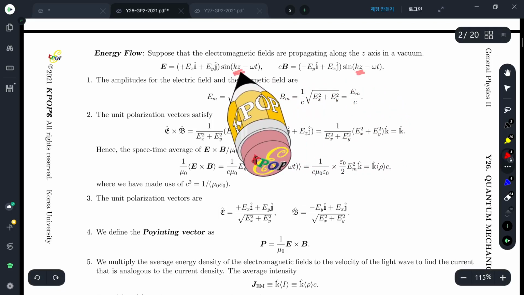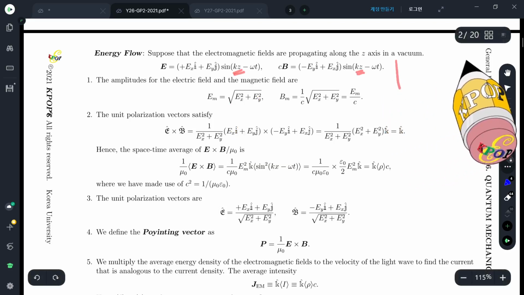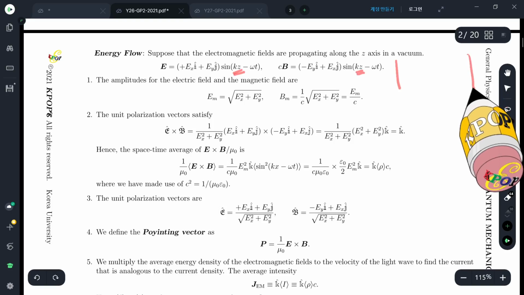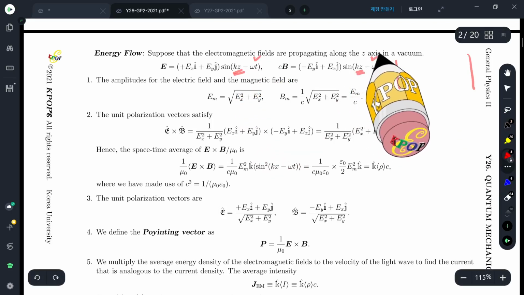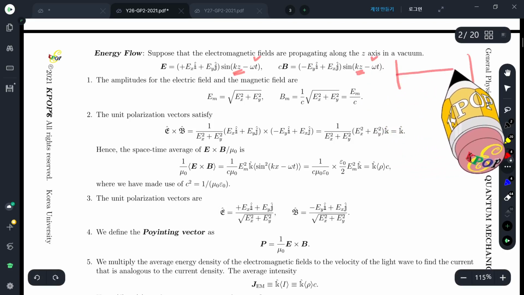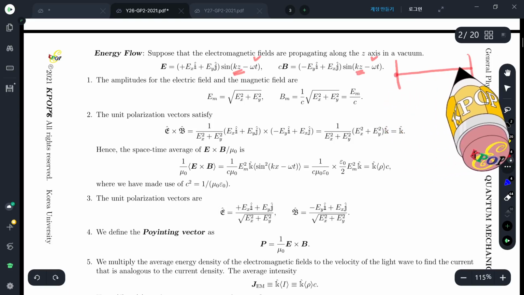The kz minus omega t dependence states that this electromagnetic field is trapped inside the cavity, and we notice the sine functions, and we expect that they are making a standing wave.